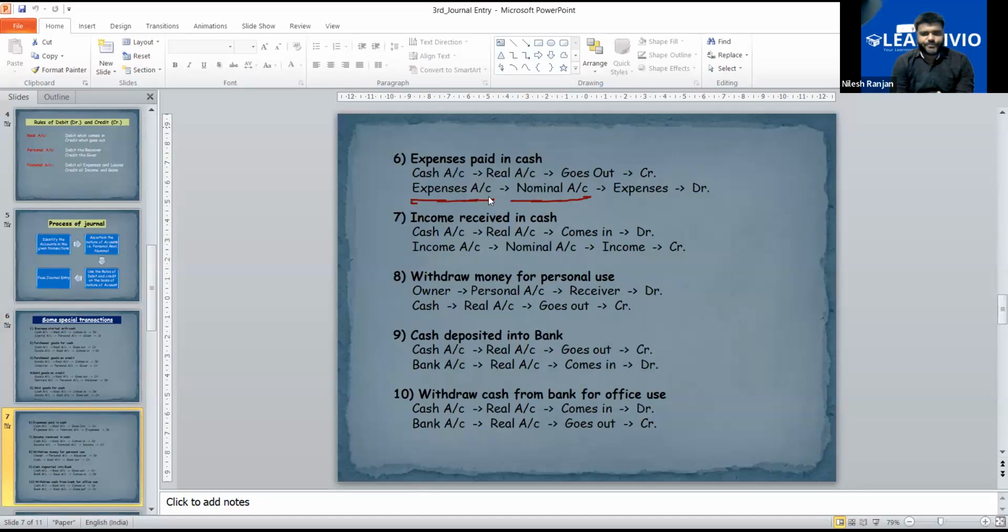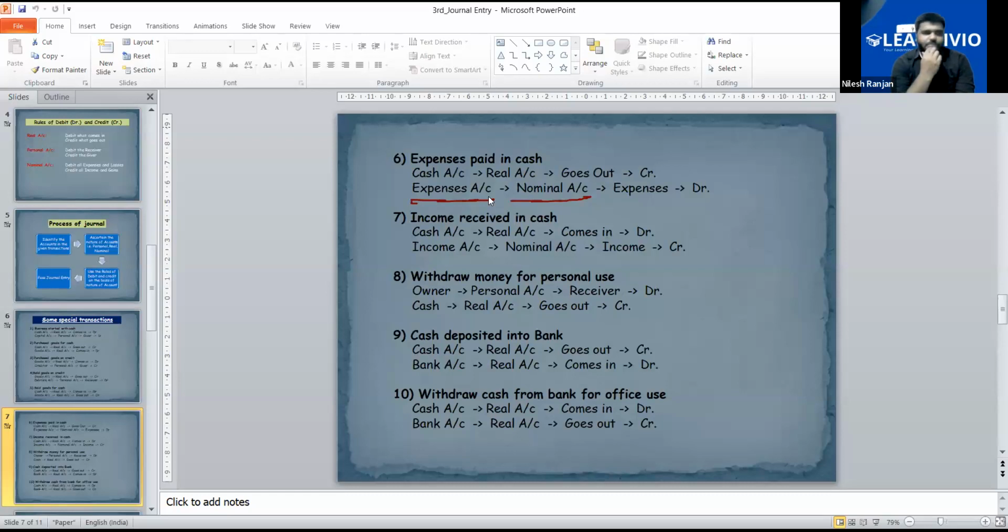The types of accounts are real account, personal account, and nominal account. And the rules of debit and credit: in real account, debit what comes in and credit what goes out. In personal account, debit the receiver and credit the giver.